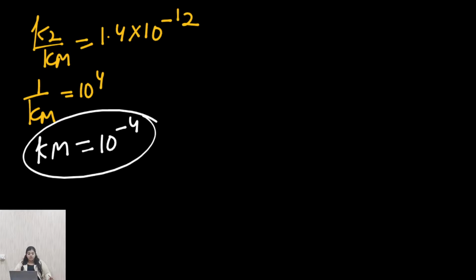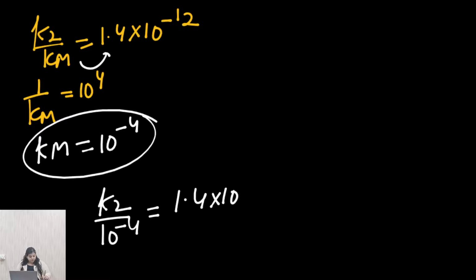So now this Km value you can substitute in this one so that you can get the value of K2. So K2 upon Km, which is 10 raised to the power of minus 4, is equal to 1.4 into 10 raised to the power of minus 12.